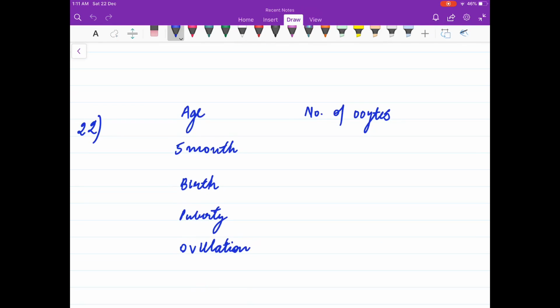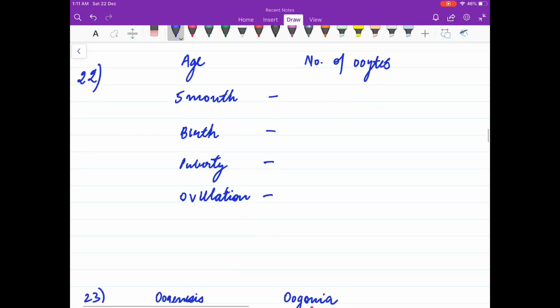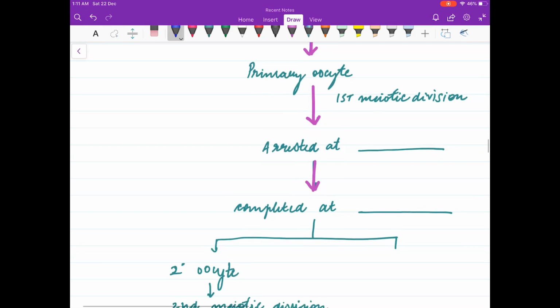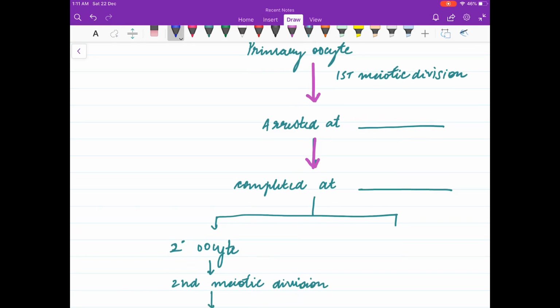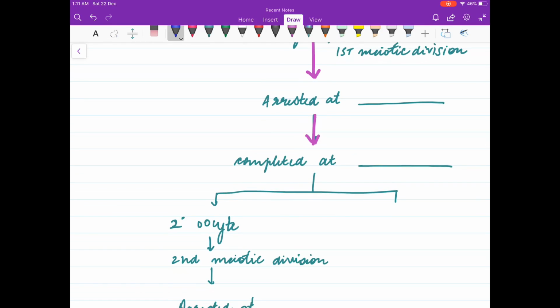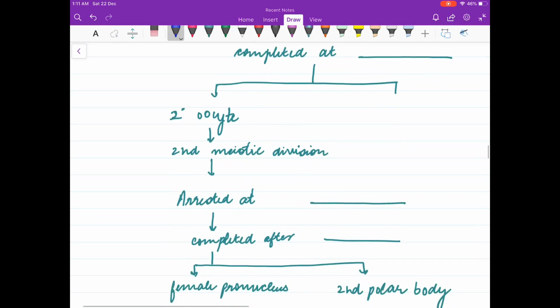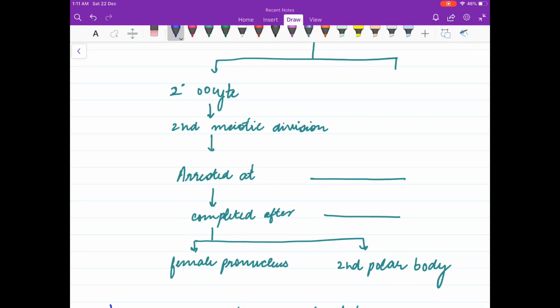Number of oocytes at 5 months, at birth, at puberty, and at ovulation? In oogenesis, the first meiotic division is arrested at which stage, and it is completed at? The second meiotic division is arrested at which stage, and it is completed after?